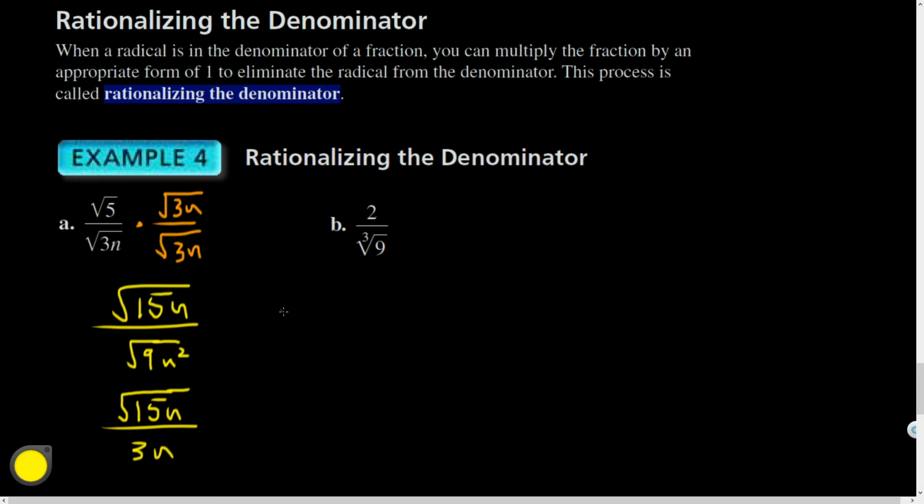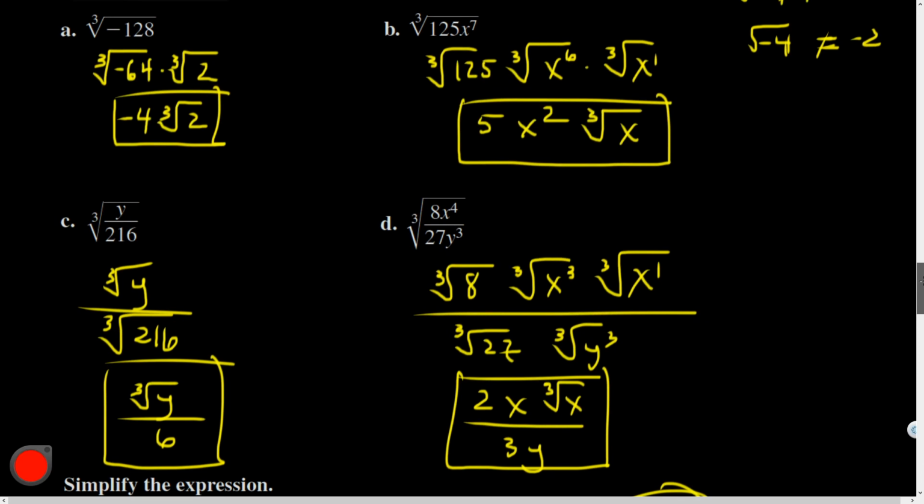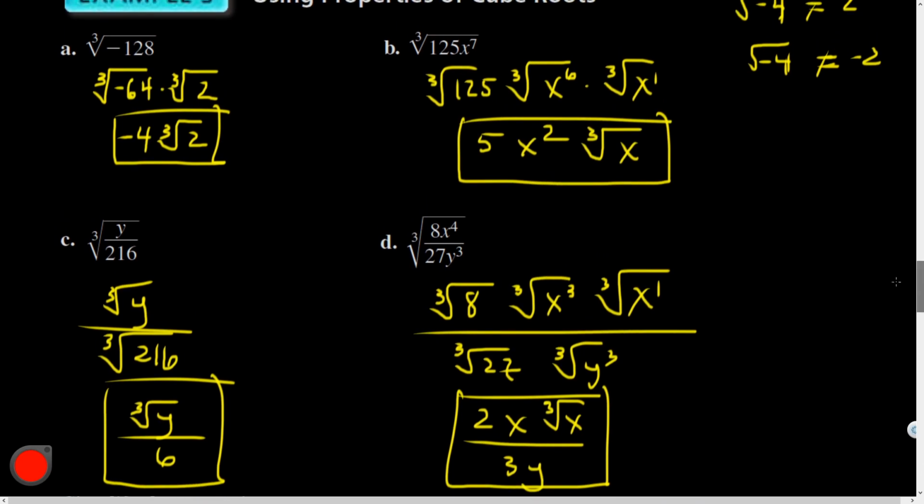Now, it's tempting to be like, oh, I could reduce this. No, super illegal, because one's inside a radical, the other's not. It's tempting to be like, oh, I could cancel out those n's. Nope, super illegal, because one's inside a radical, the other is not. Did we encounter that before anywhere else? No, this would have been the 2/3. Those were both outside of radicals.